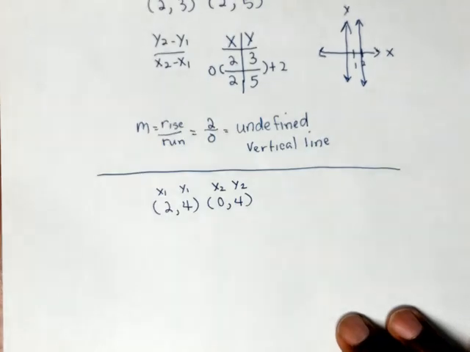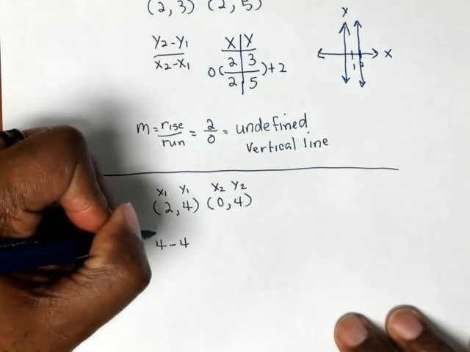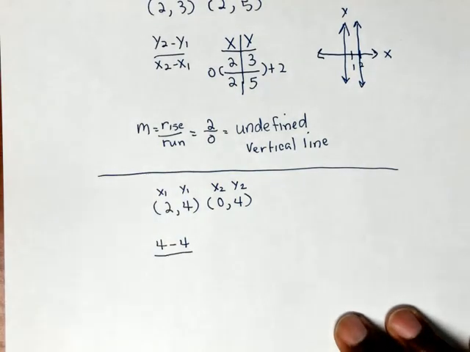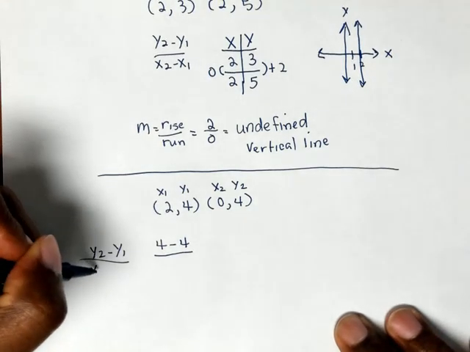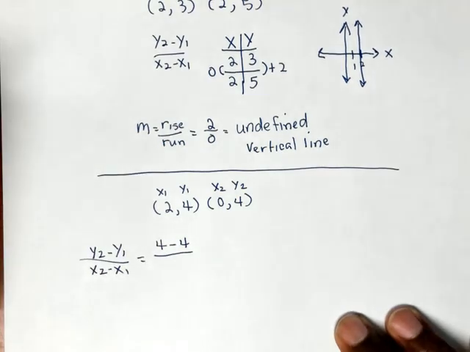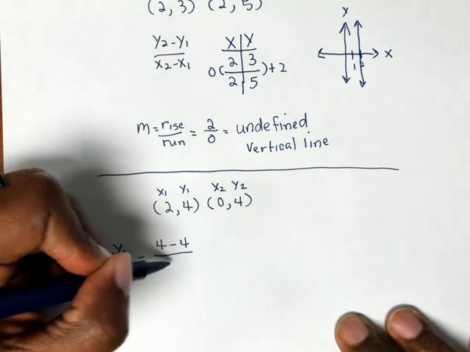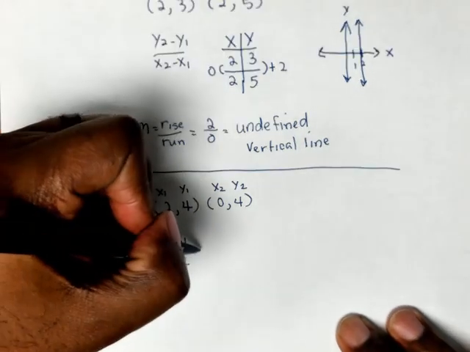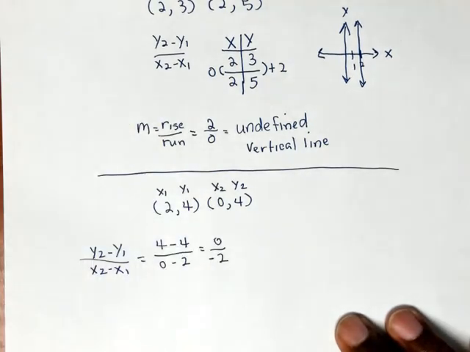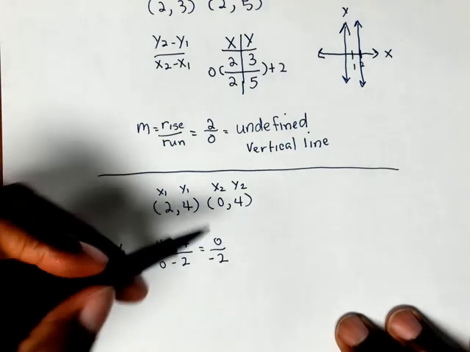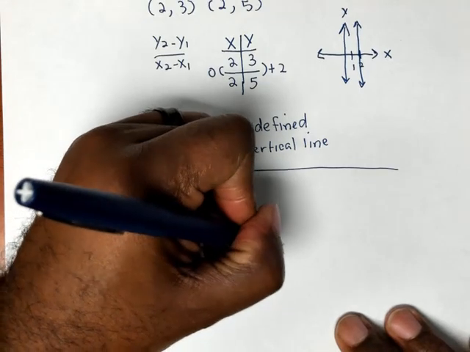If I use the formula, I'll write it again just because it's good practice: y2 minus y1 over x2 minus x1, and that's equal to 4 minus 4 over 0 minus 2. At the top, 4 minus 4 is 0, and on the bottom, 0 minus 2 is negative 2. If I simplify this, 0 parts of any number is still 0. So this is a 0 slope.